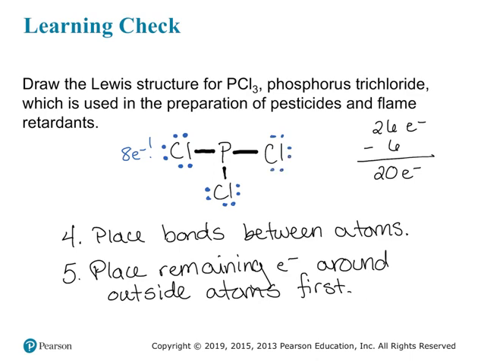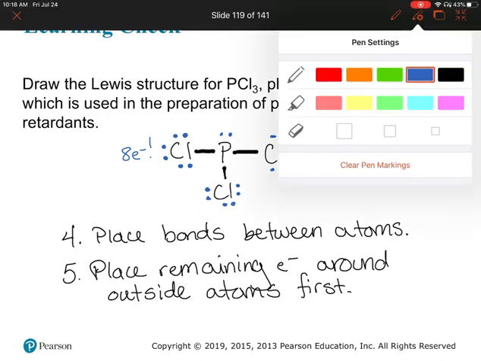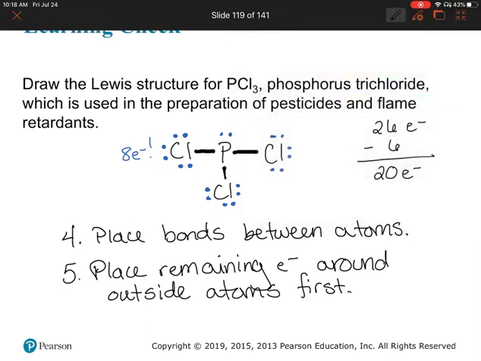Okay, so now let's count how many we've used up. We have 1, 2, 3, 4, 5, 6, 7, 8, 9, 10, 11, 12, 13, 14, 15, 16, 17, 18 electrons that we've used. So that means we have 2 electrons left. So those are going to go on phosphorus. So remember, we're trying to give each atom 8 electrons.